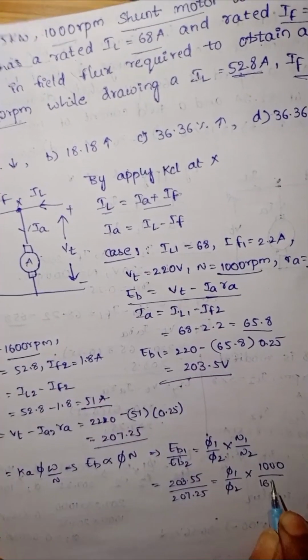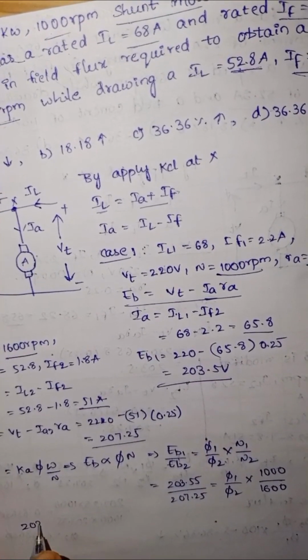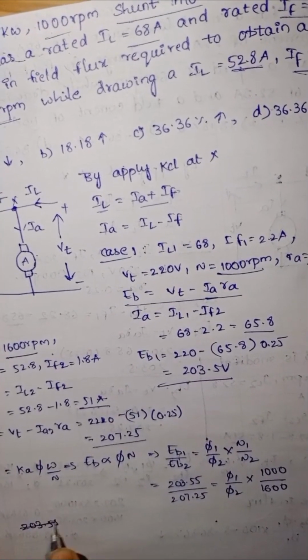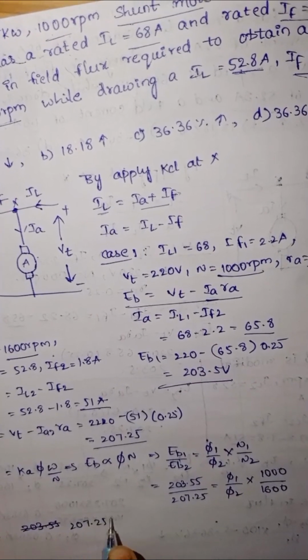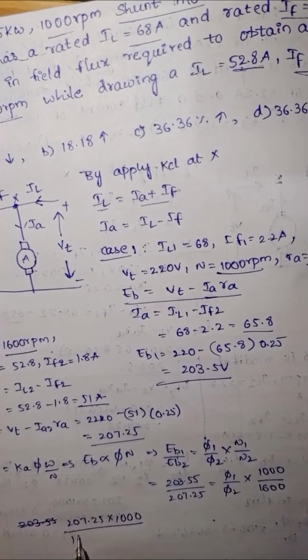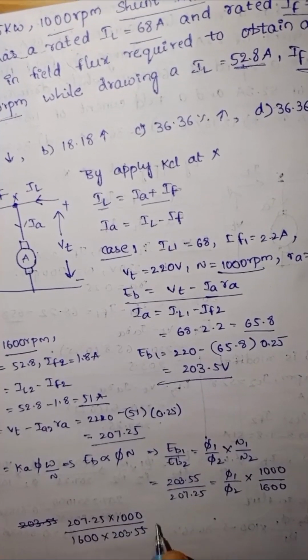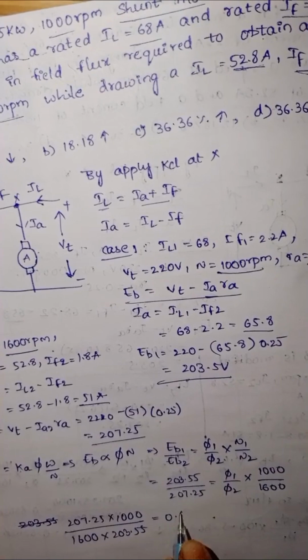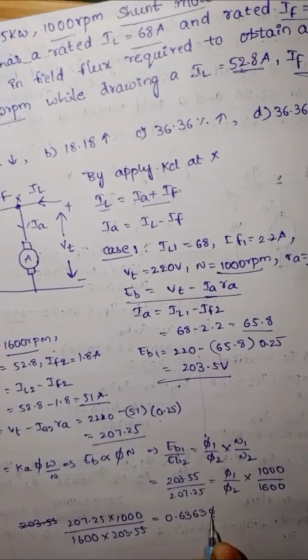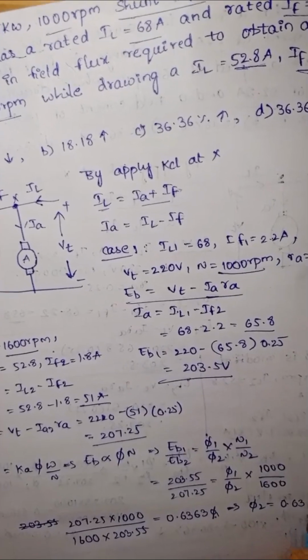Now let's cross multiply: 207.25 into 1000 by 1600 into 203.55 is equal to 0.636351, which is phi2. We got phi2 equal to 0.636351.